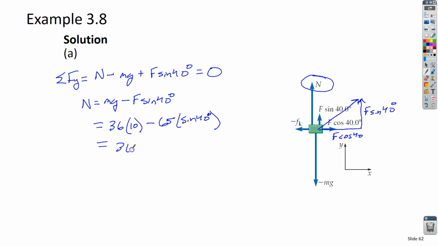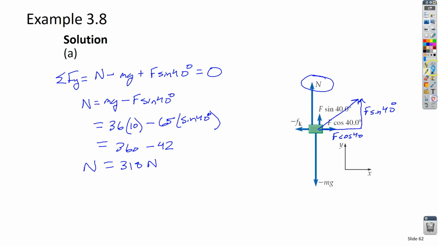When you do your math, this is 360 minus 42. 360 minus 42 will give you about 318 newtons, and that would be the normal force acting in the upwards direction. So that would be our normal force.